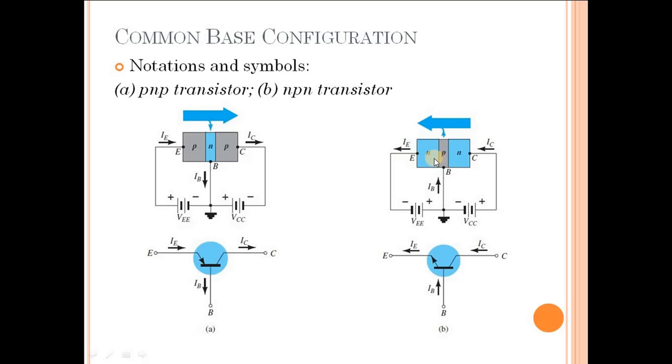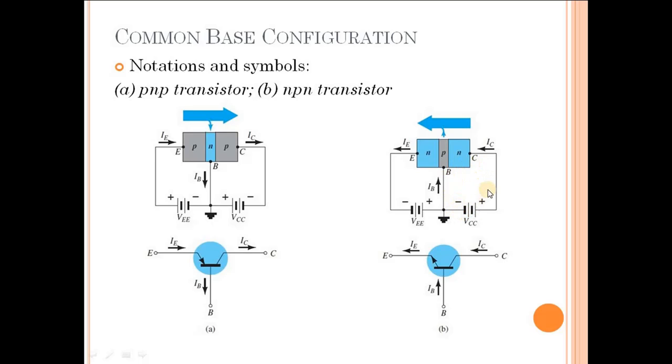Similarly in the NPN BJT also the same thing, an NPN BJT connected in common base configuration. The base, P type material, is connected to the ground reference, and it is common to the input circuit and the output circuit. The input circuit comprises this emitter base PN junction and the DC bias VEE, and the output circuit comprises the collector base PN junction with the VCC.